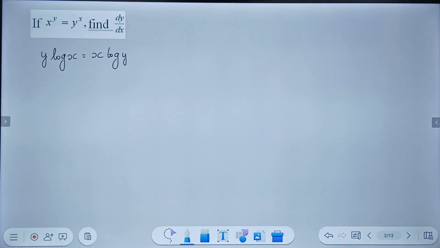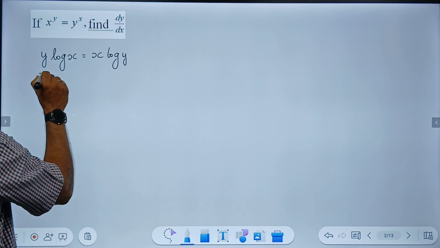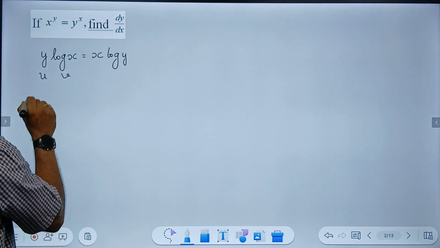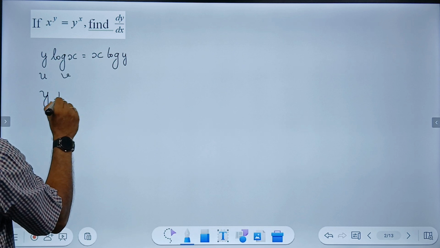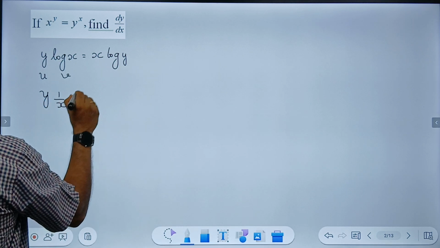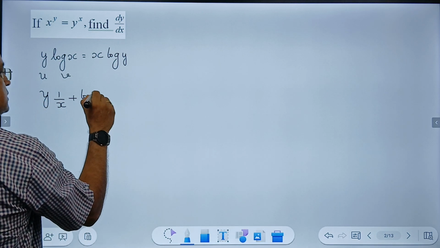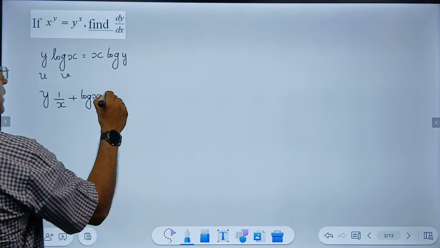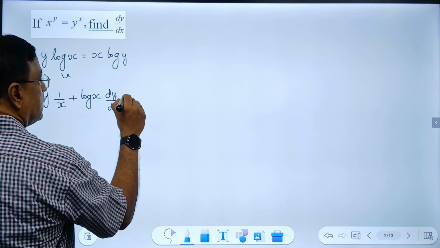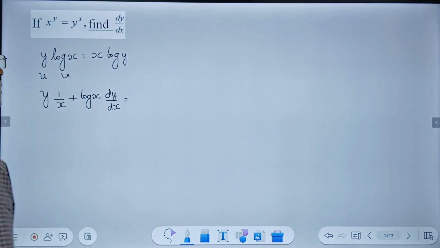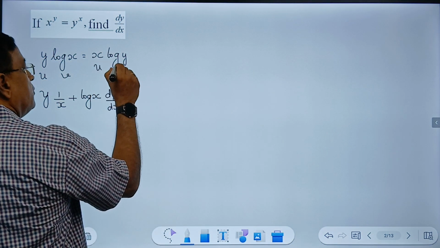Now I'm going to differentiate. I'm going to use product rule. This is u and this is v. What is u into the differentiation of log x? 1 by x, plus log x into the differentiation of y, dy by dx. Equal to, here again product rule, u v.